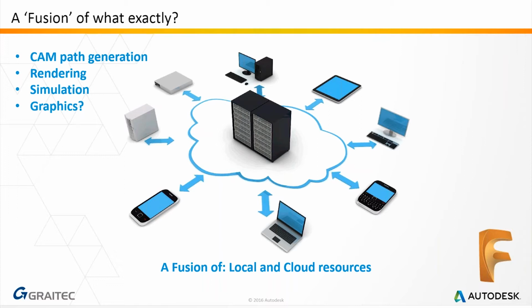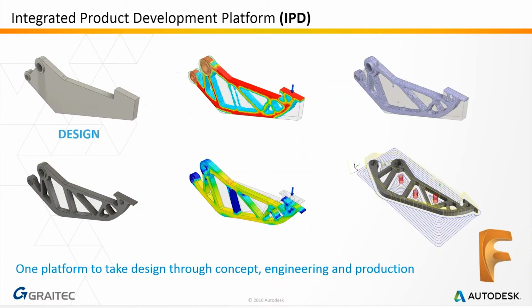And this is the really clever bit. It's also a fusion of local and cloud resources. So Fusion will work on your machine without being connected to the cloud, which is helpful. It needs to connect to the cloud every couple of weeks to sync up its data, but in general it runs on your local machine, and it can use the power of the cloud for specific compute-intensive tasks.